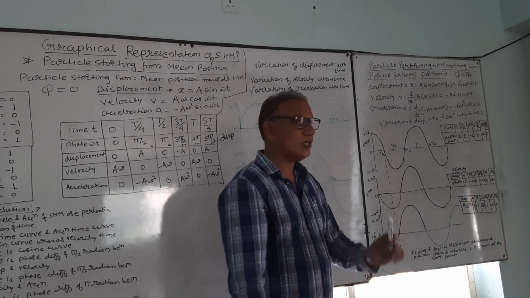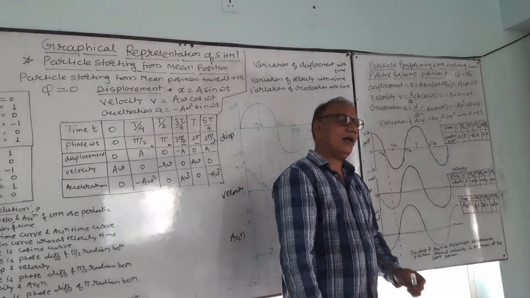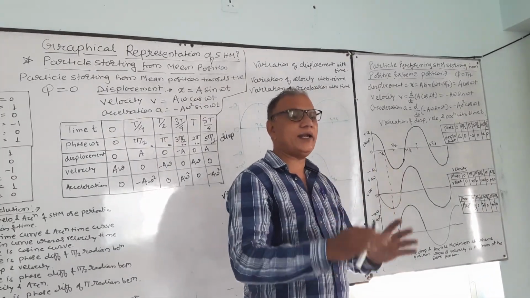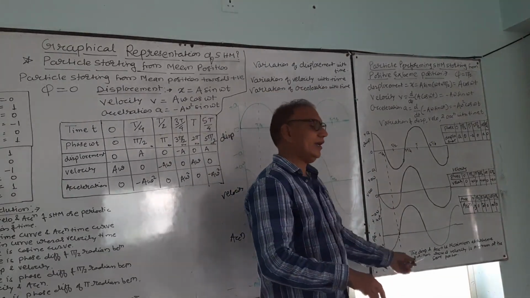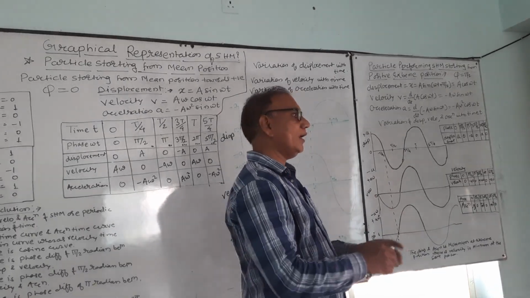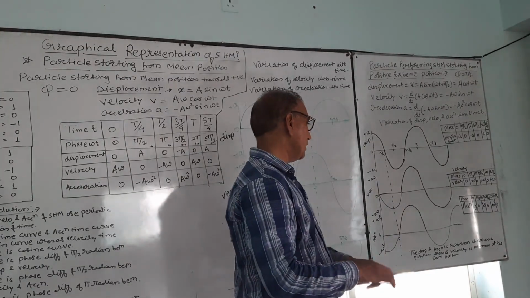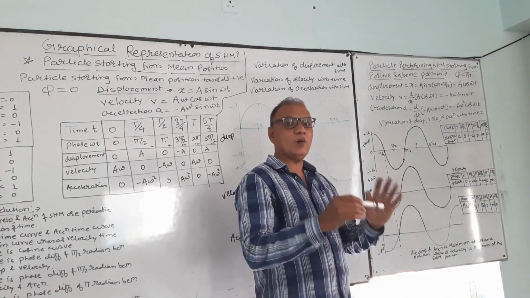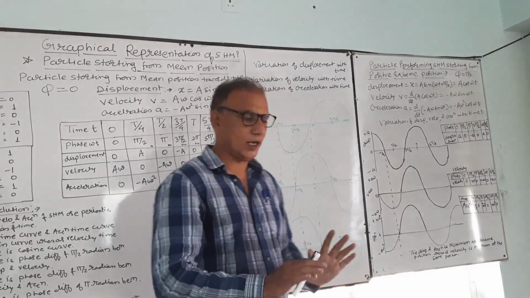All curves repeat after twice pi radian or after time T. And finally, displacement and acceleration are maximum at the extreme position, whereas velocity is minimum at the same position.